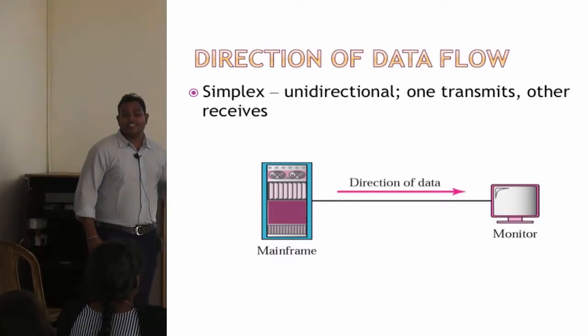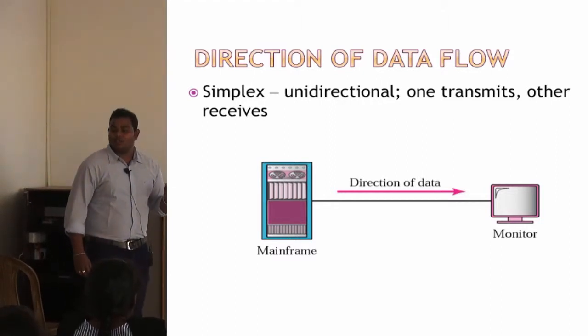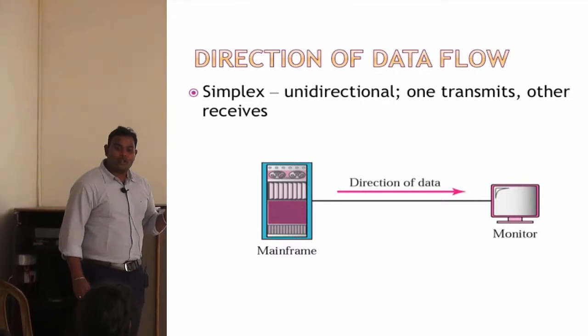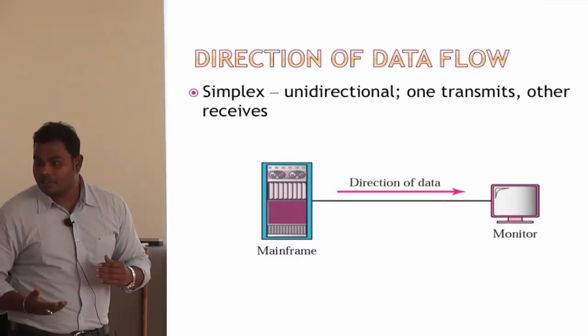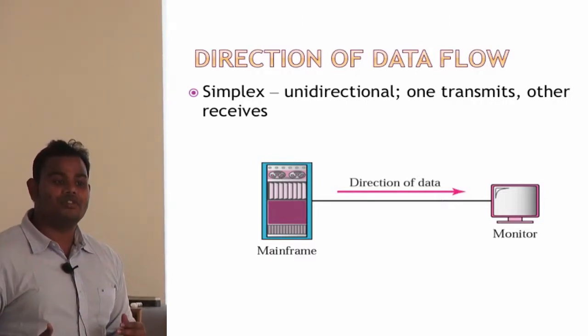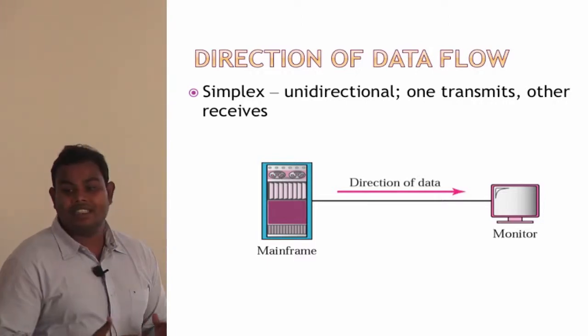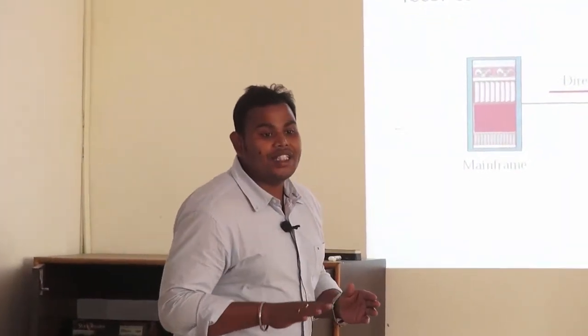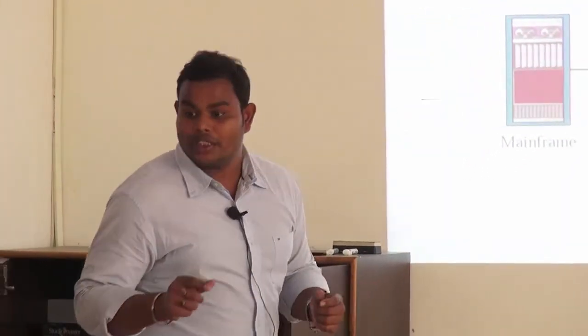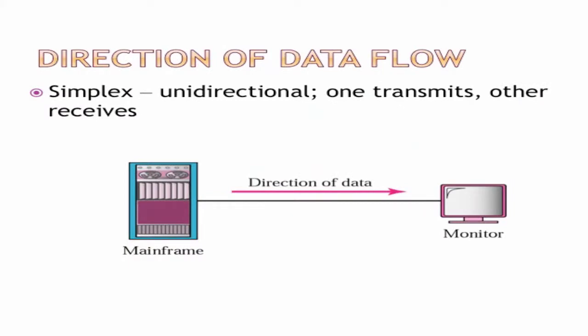Next, when a sender sends some data to the receiver, the data flows in a media. How does the data flow occur, or what are the different types of flow present in a network? Generally, data flow can be categorized in three ways. Simplex. What is simplex?